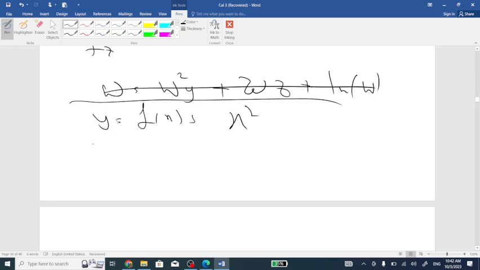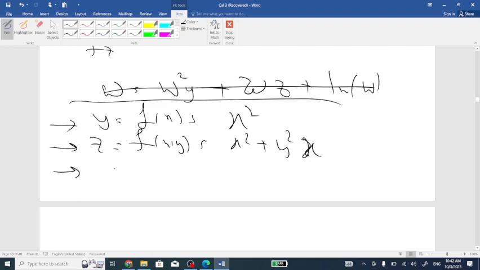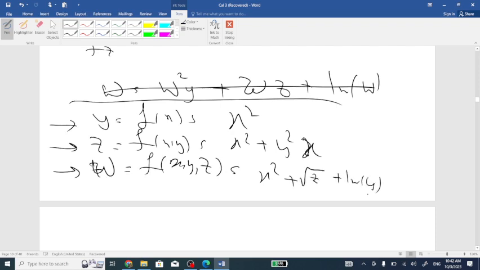In Cal 2 we say z equal to f of x, y, for example x square y square. In advanced calculus, sometimes we say w equal to f of x, y, z, for example x square z plus ln of y. You got it.